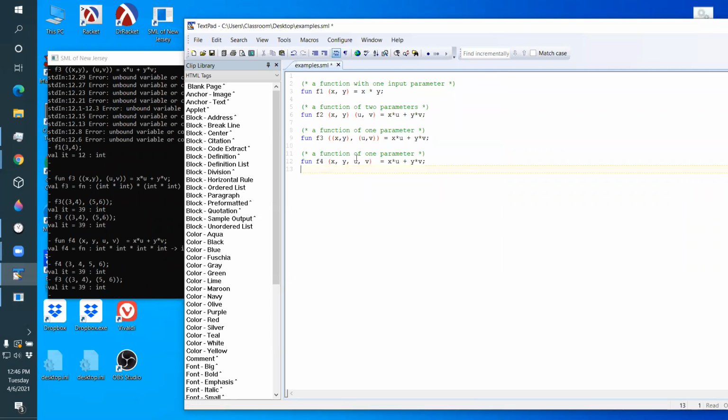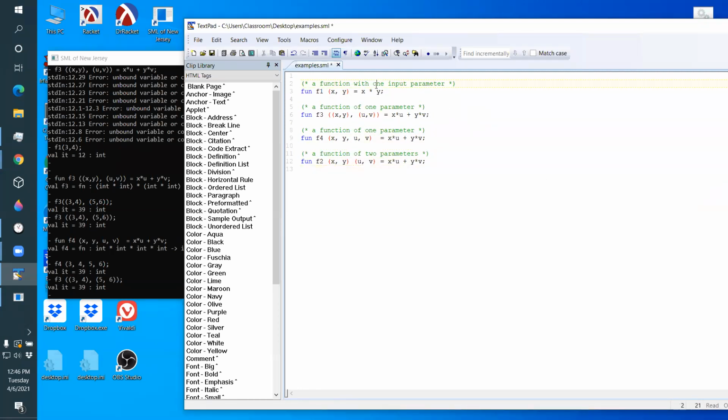Now, this was a function of one input. This is a function of one input. This is a function of one input. This one is one that's curried. See, this has got two parameters. Functions with more than one parameter in ML are curried. So let me pull this one out and change the order. This one is a curried function.